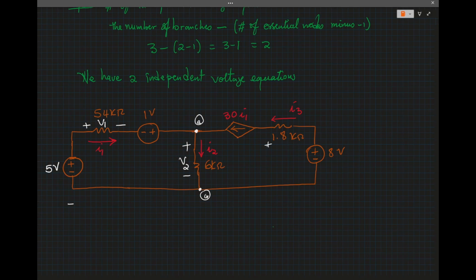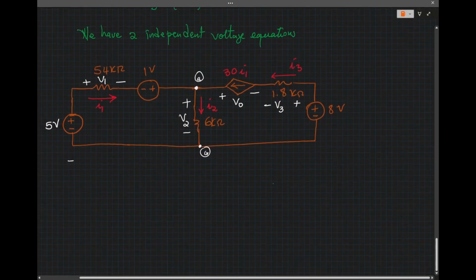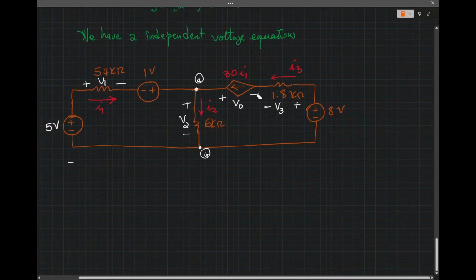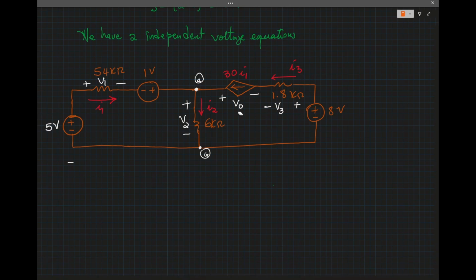I'm going to call this V3, and I'm going to call this V0. Right, it doesn't matter. So now we label the voltages across each component.